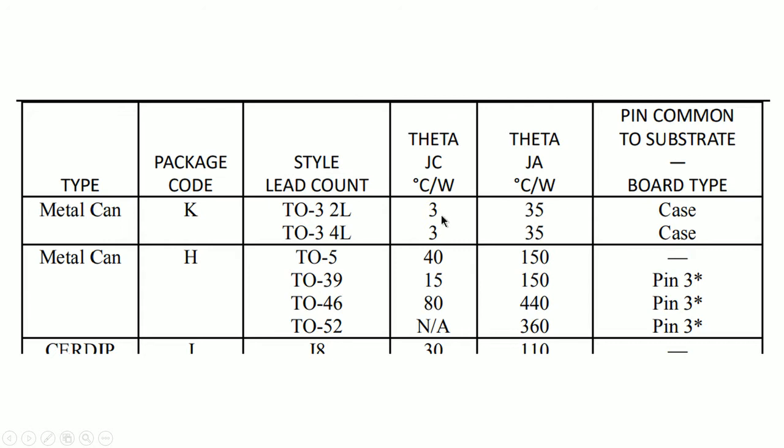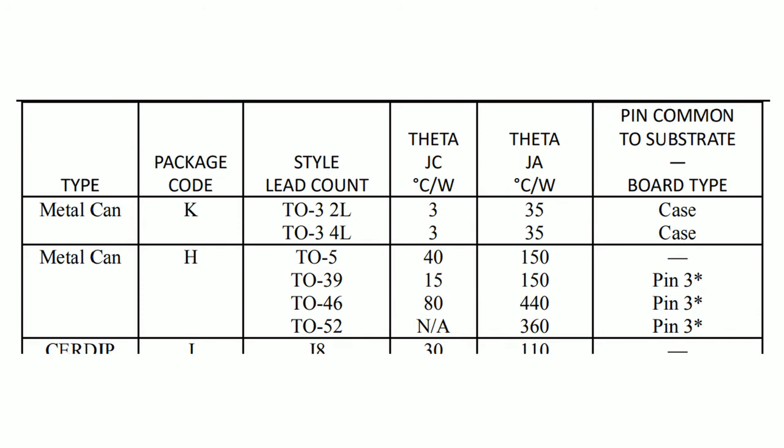TO3 is very nice, you have a beautiful base which is made of high conductivity material, often a variant of copper. Then in this also you have two variants, the 2 lead and the 4 lead. Now looking at the data here, junction to case is 3 degrees centigrade per watt.